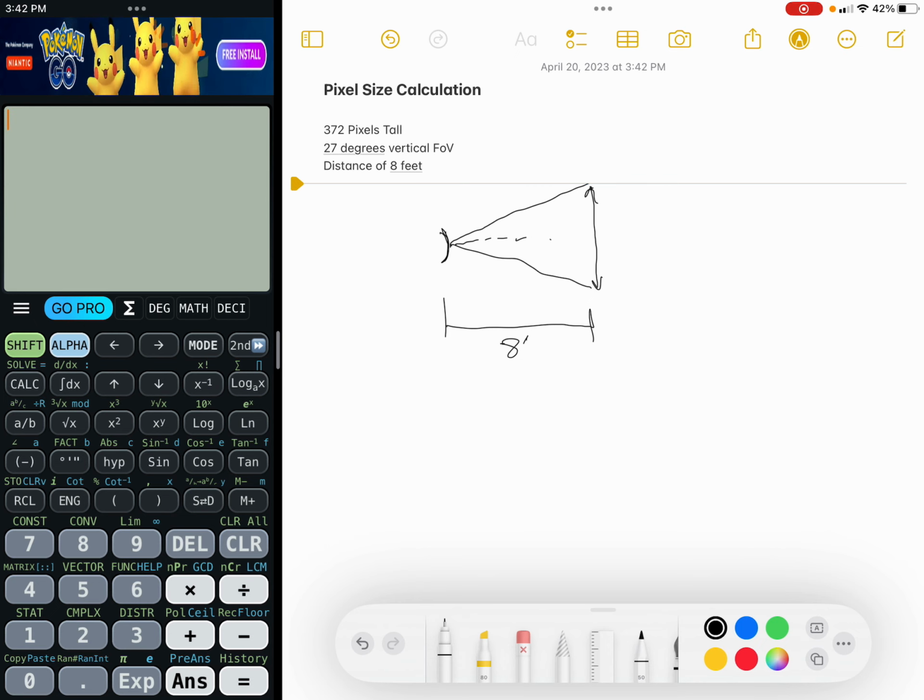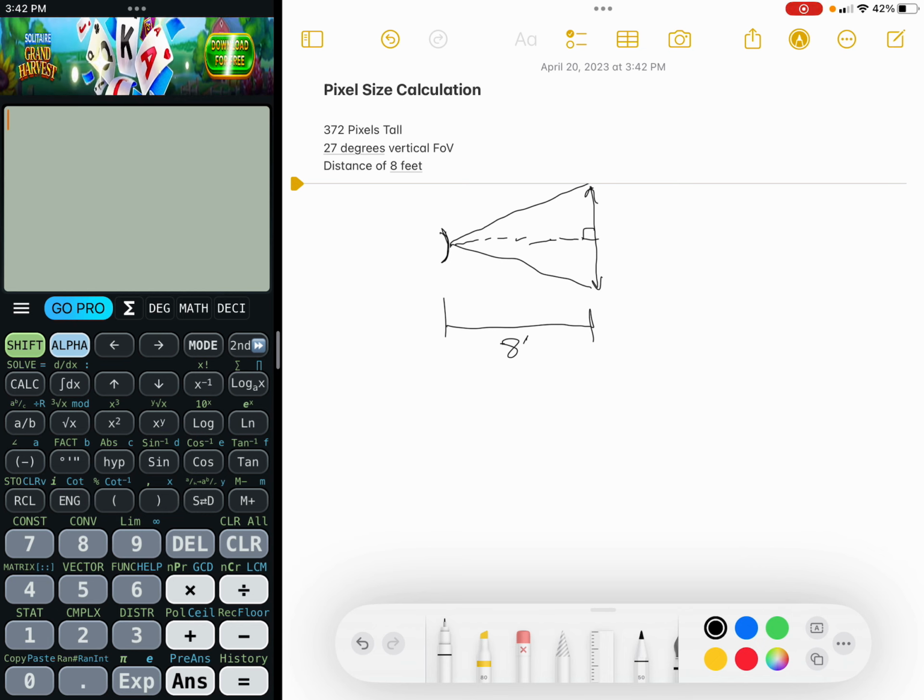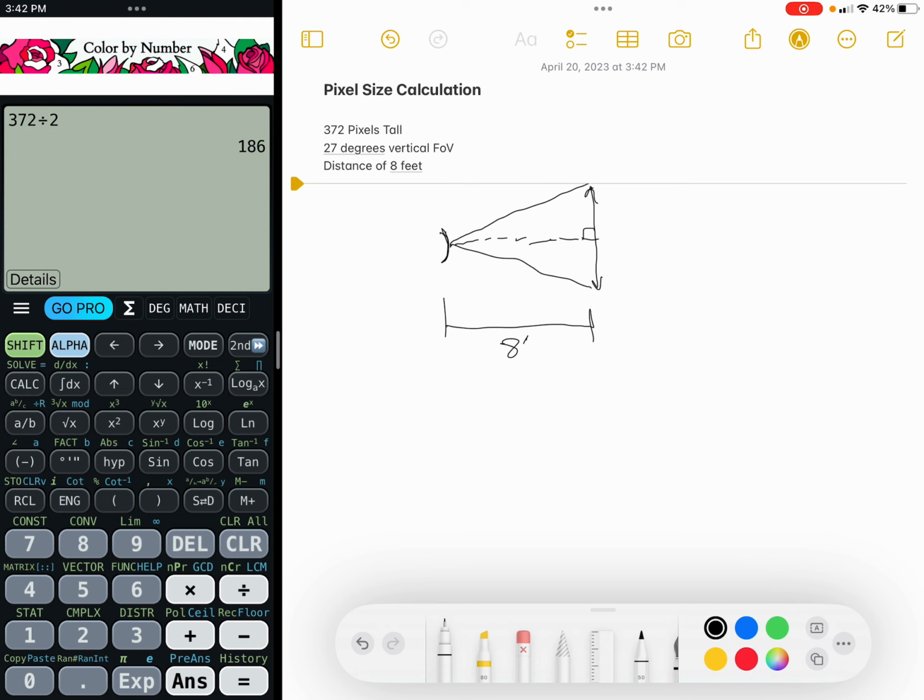So I'm going to divide this in half, and that gives us a right angle right here. Looking at just one half at a time, the vertical height, rather than being 372 pixels, if we divide that in half, gives us 186 pixels. So this section, from here to here, is 186 pixels tall.